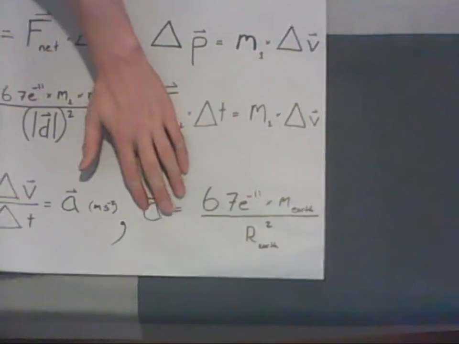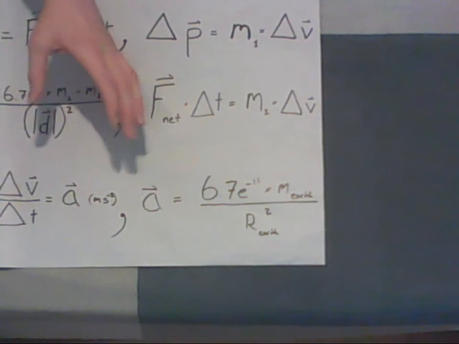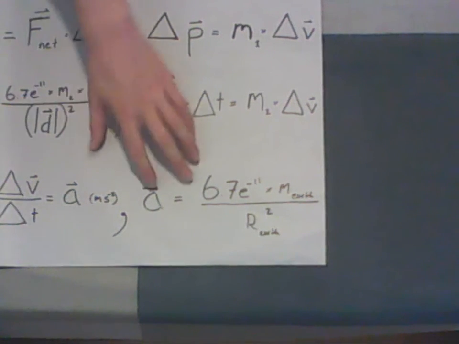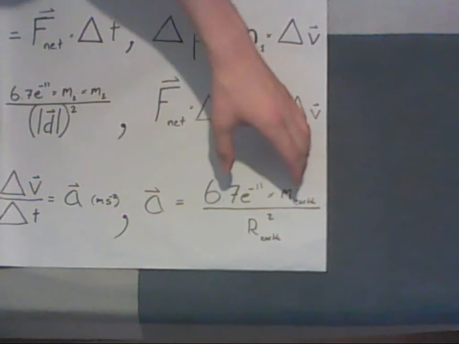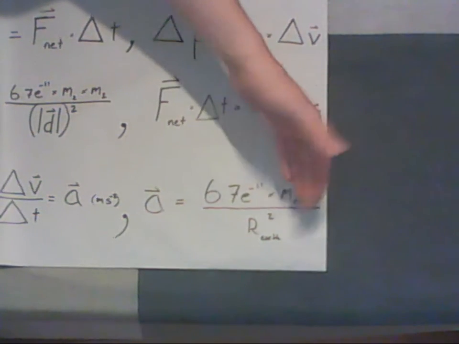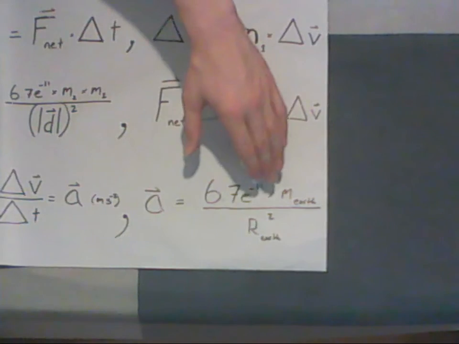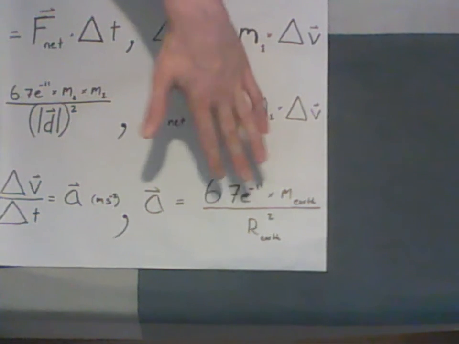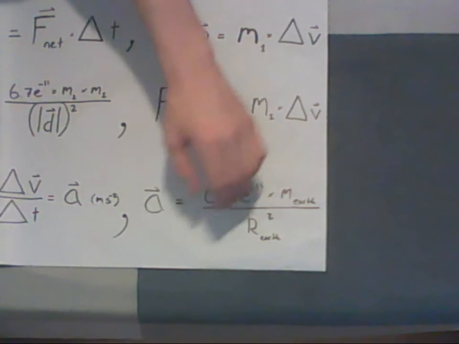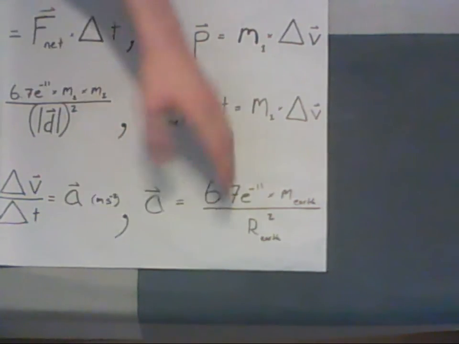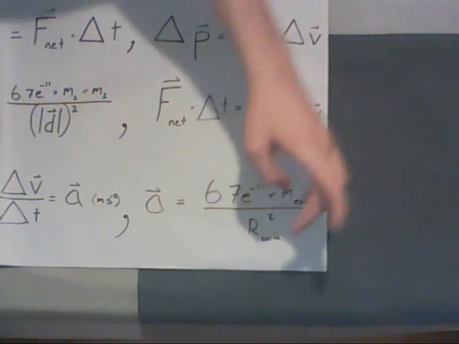So the acceleration of a point object has to be spherical. It's important that it's spherical. It's 6.7 e to the negative 11 times the mass of the object, in this case Earth, divided by the radius, the distance that you are above the center of that object, so the radius of the Earth. It's important to note that because we're dropping an object, it's going to fall.